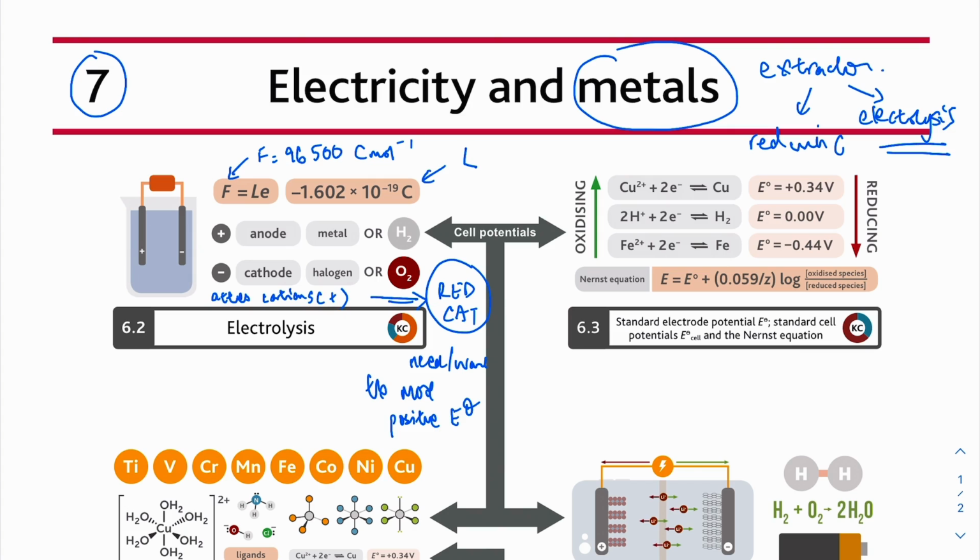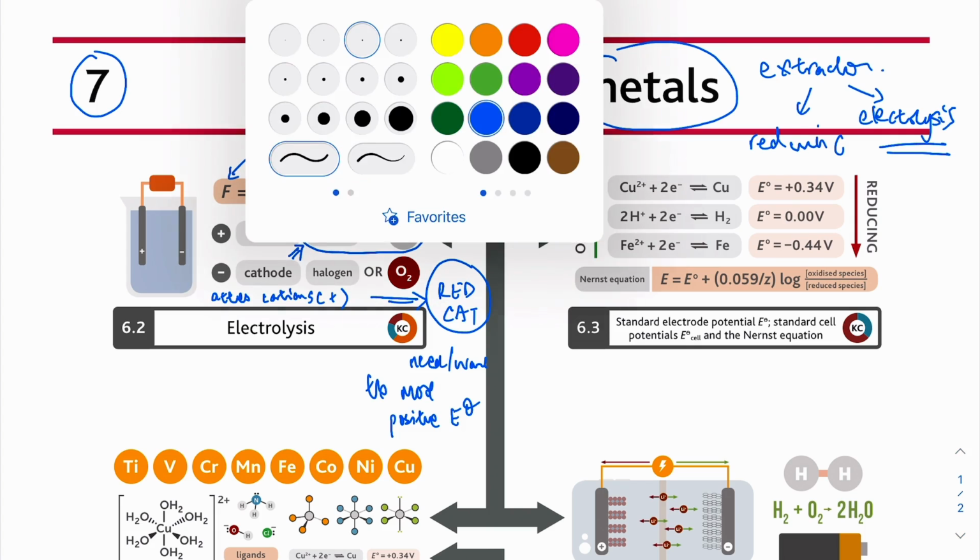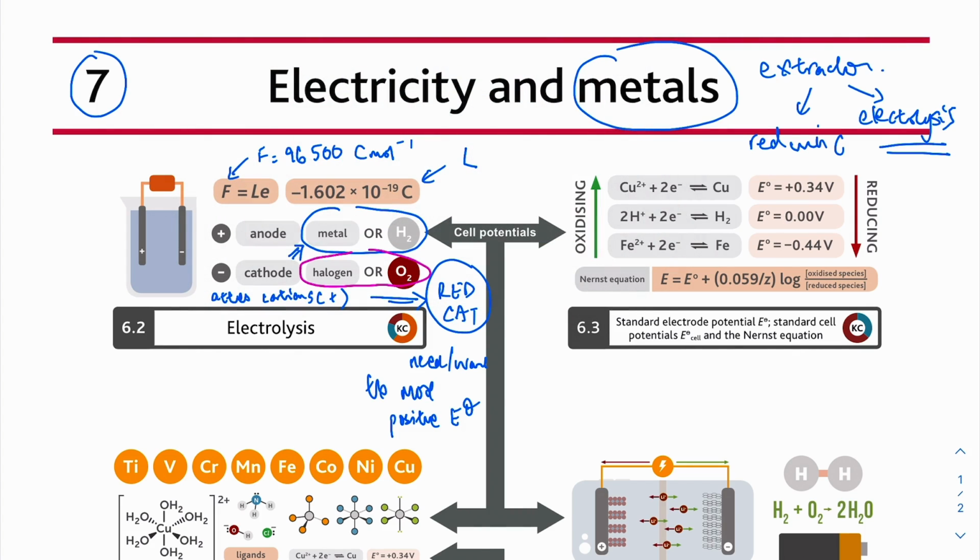What are they talking about? They have totally gotten this the other way around. The metal or the H2 would be at the cathode, and the halogen and the O2 would be at the anode, okay? They've totally got it the other way around, okay?